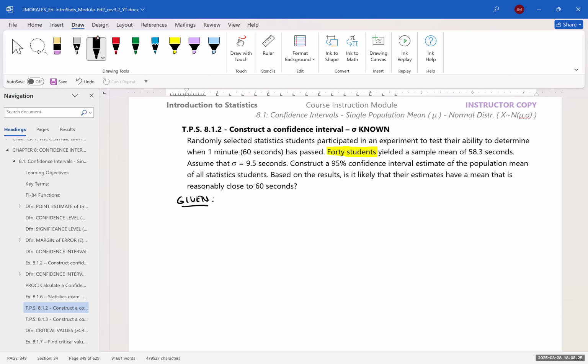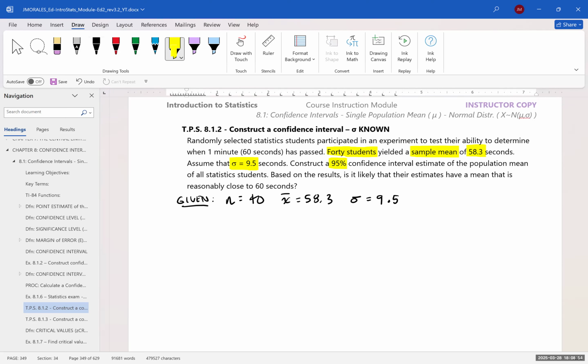Okay, so that means we have a sample size of 40, yielded a sample mean of 58.3. So a sample mean 58.3. Assume that the population standard deviation is 9.5. So sigma is 9.5.